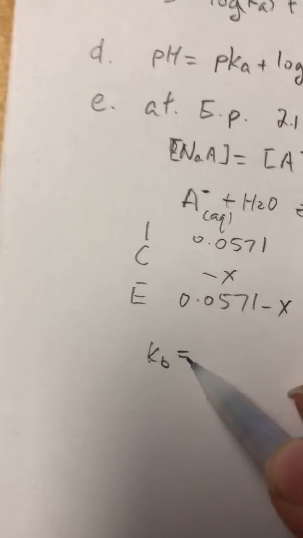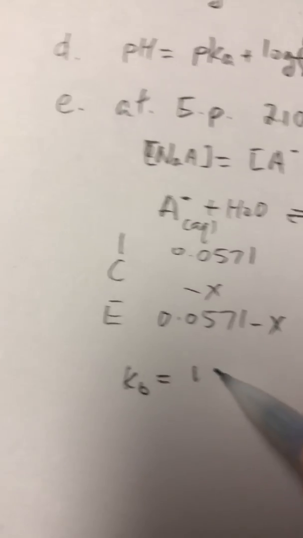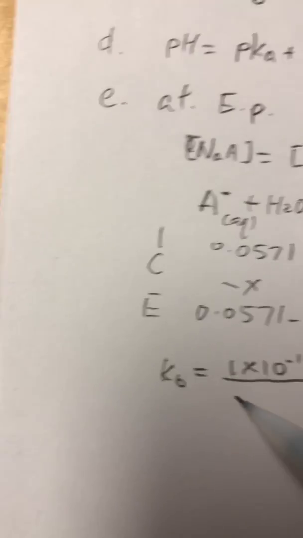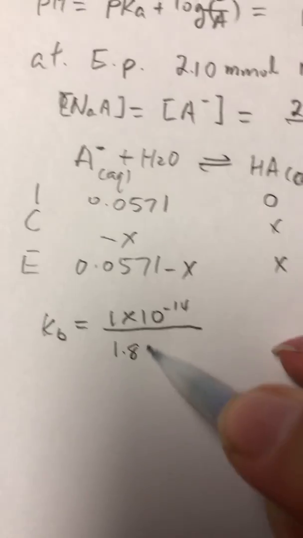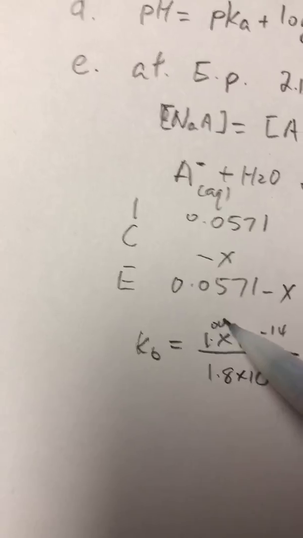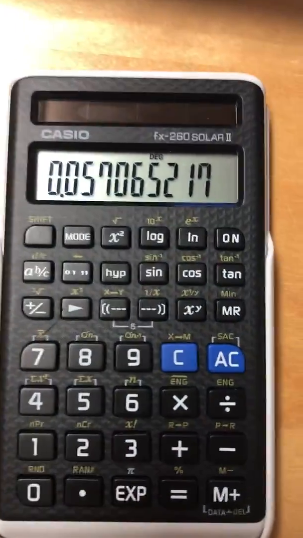So Kb equals 1 times 10 to the negative 14 divided by 1.8 times 10 to the negative 5. If you see 1.00, that's okay, to keep the right significant numbers.